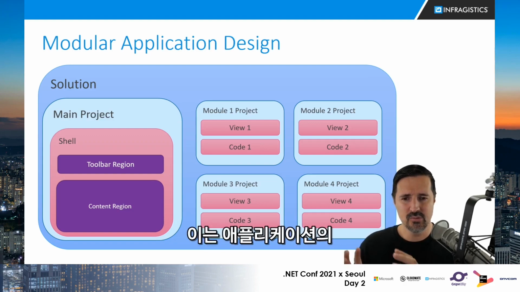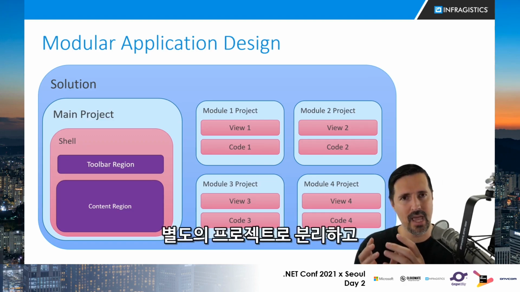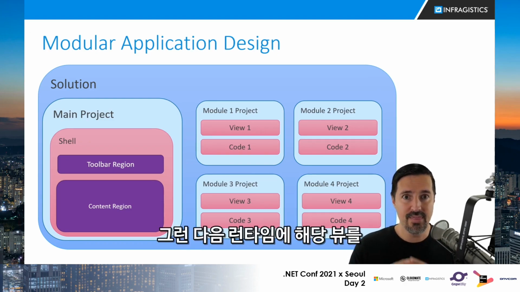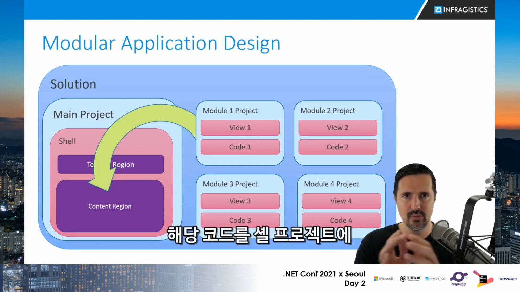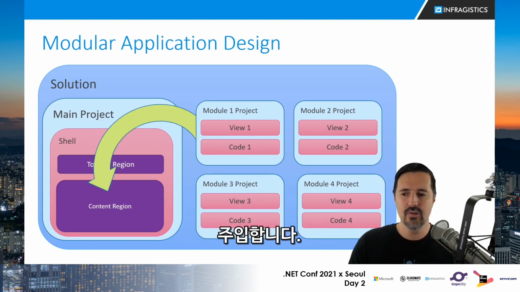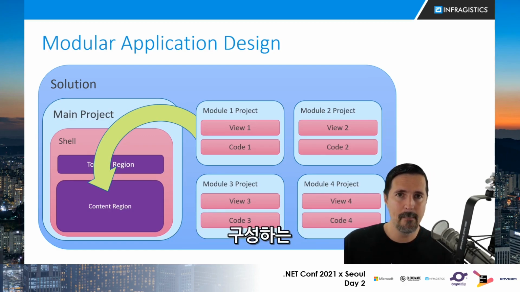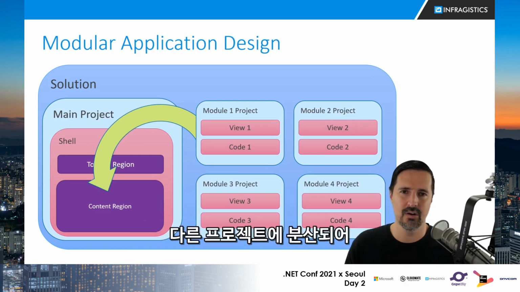But what that does is when you pull each one of those major functional areas of your application out into a separate project, a separate assembly, and then at runtime, you start to inject those views. You inject that code into your shell project. Okay, so that's how we are composing these views. Okay, we compose the application at runtime.